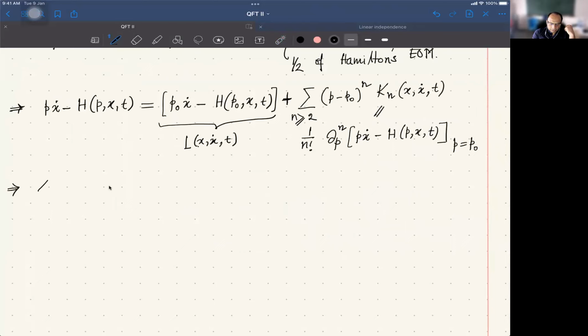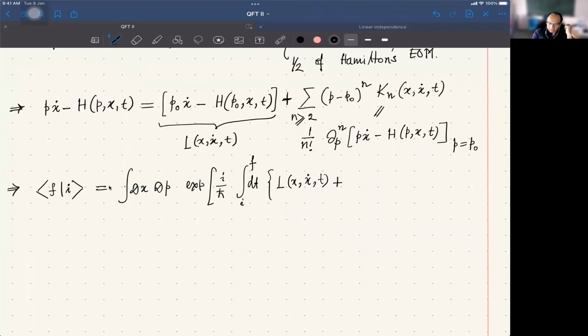Therefore, the matrix element <f|i> is equal to the integral of dx dp exponential i by h bar integral dt from i to f, and this entire thing can be written as L(x, x dot, t) plus sum over n greater than or equal to 2 of (p minus p0) to the power n kn(x dot, t).